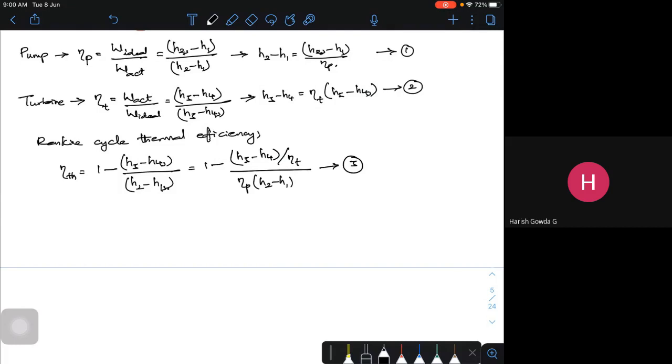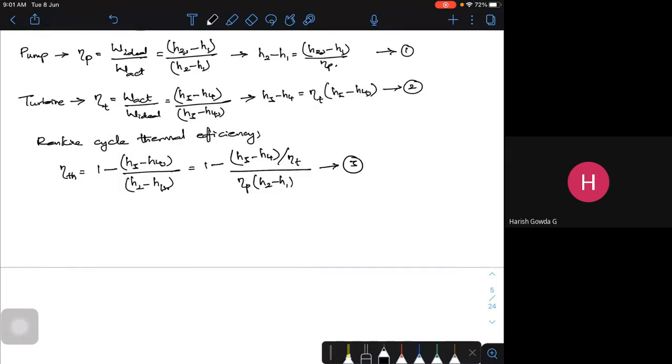So there are irreversibilities. There may be n number of things happening. Once I speak of irreversibilities, there can be friction, pressure loss, maybe eddy formation. So the fluid expansion may not be proper, or the quantity of the steam going in may not be proper.